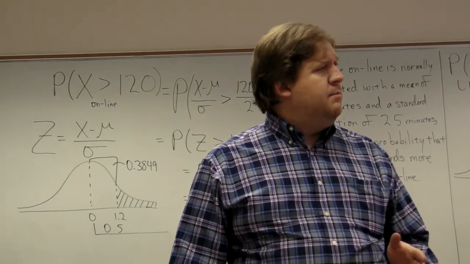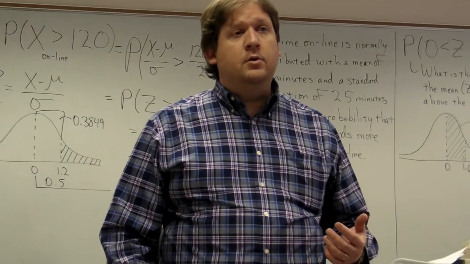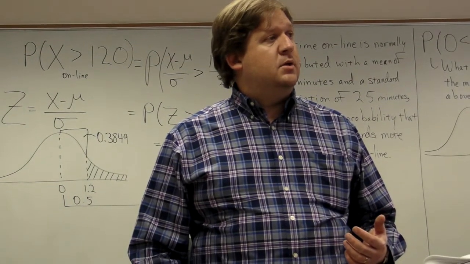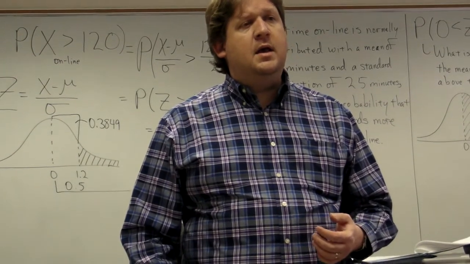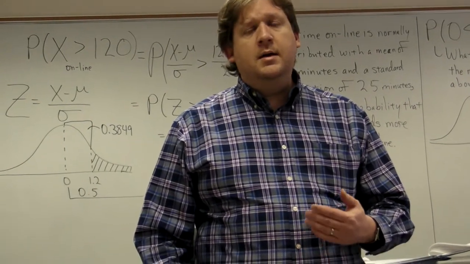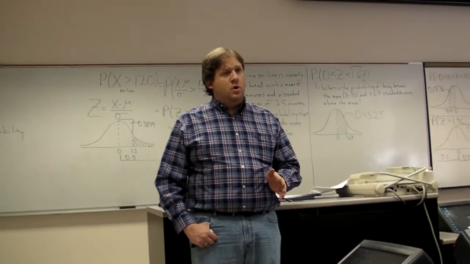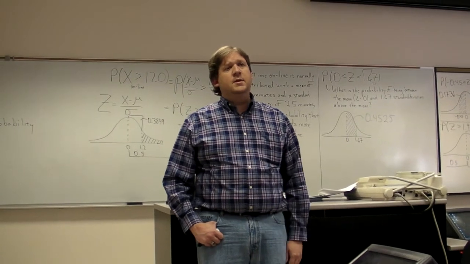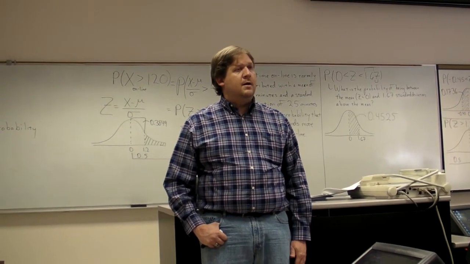What statements can I make from the mean of 100 students about the general population? I'm going to ask the question, if I interview 100 students and they say on average they spend 93 minutes online, is that unusual given that I think students spend 90 minutes online? That's where we're headed after the break.